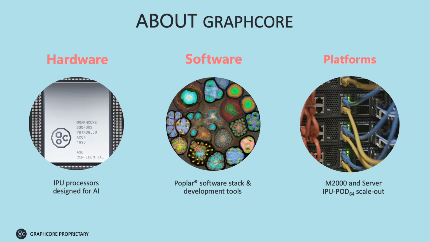First of all, let me introduce my company GraphCore. Put simply, GraphCore develops AI processors specifically designed for AI and machine learning workloads, called IPU. We provide hardware, software and platforms as part of a complete solution to enable innovators to solve current and future machine learning problems.